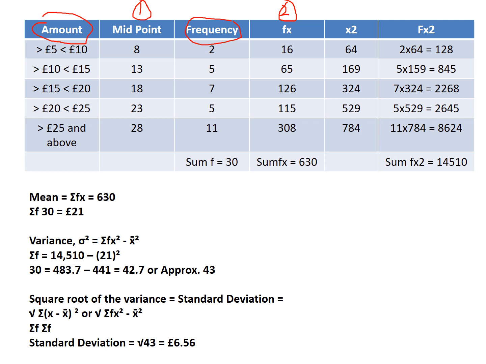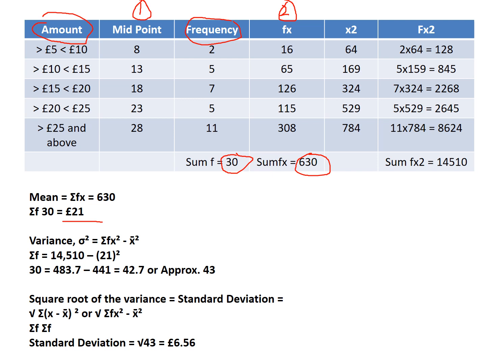We then summed up the sum of frequency and then summed up f times x, and all we've done is divide the sum of fx by the sum of f, which gives us, in this instance, an average of 21.